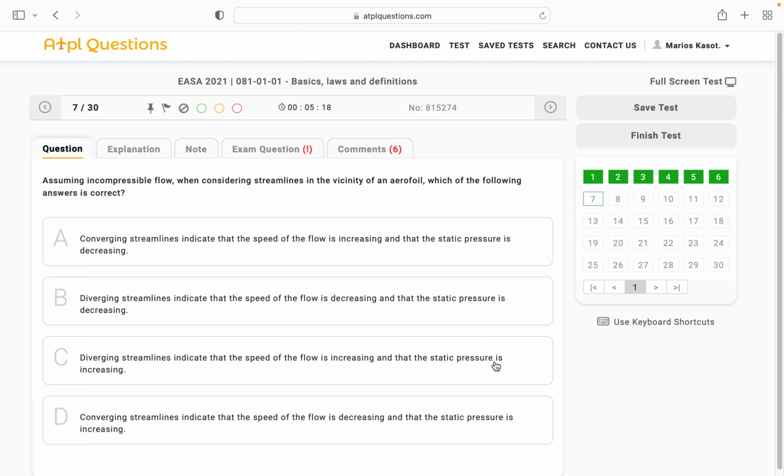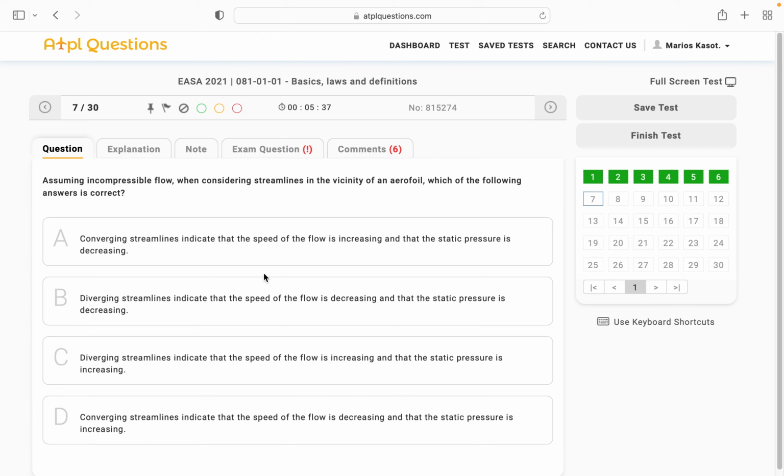Of course the static pressure is increasing, but the speed of the airflow is decreasing. Converging streamlines indicate that the speed of the flow is decreasing, incorrect, and that the static pressure is increasing.